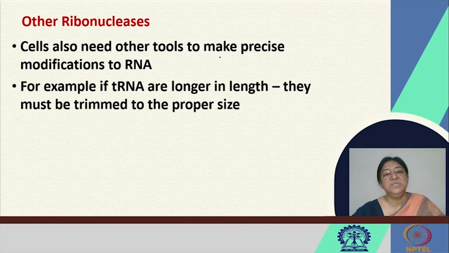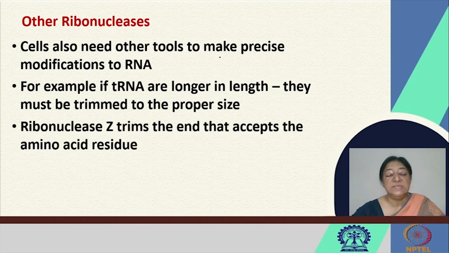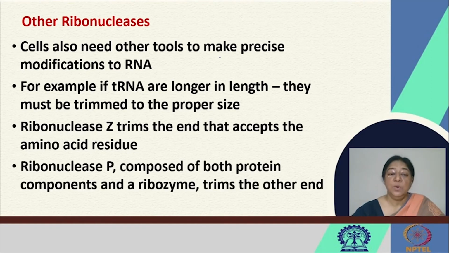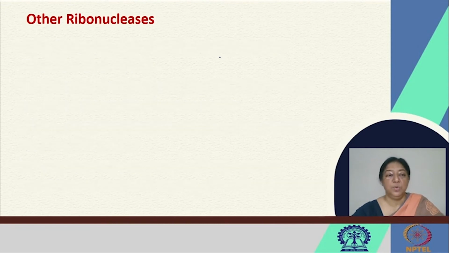For example, if the tRNA is too long, then it must be trimmed to the proper size to bring about its activity. Ribonuclease Z trims the end that accepts the amino acid residues. And we have ribonuclease P, which is composed of both protein components and a ribozyme that will trim the other end. So we realize the importance of having these ribonucleic acid depolymerases or ribonucleases.